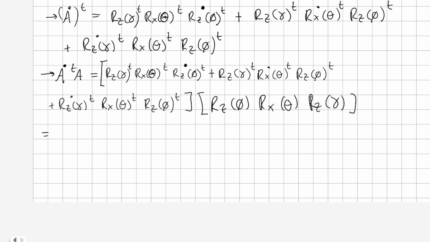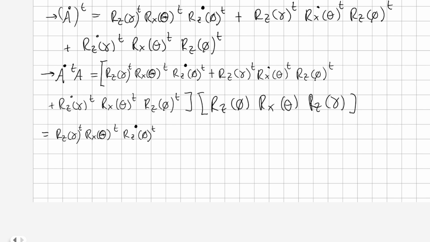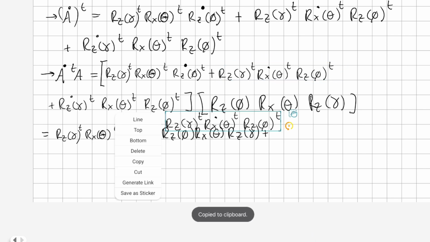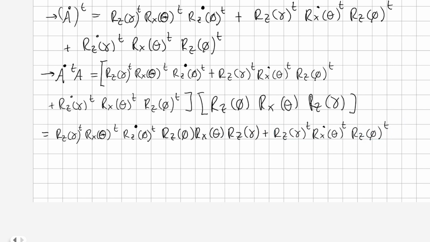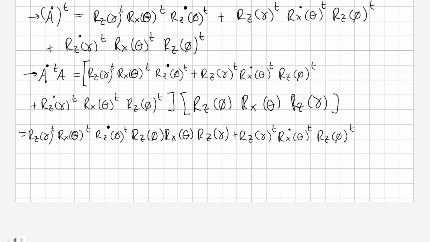Okay, if we do this, we just need to split the product into these three terms. We are going to get this, times Rz(phi) Rx(theta) Rz(gamma), and then plus the second term, which is this, that is going to multiply Rz(phi) Rx(theta) Rz(gamma).